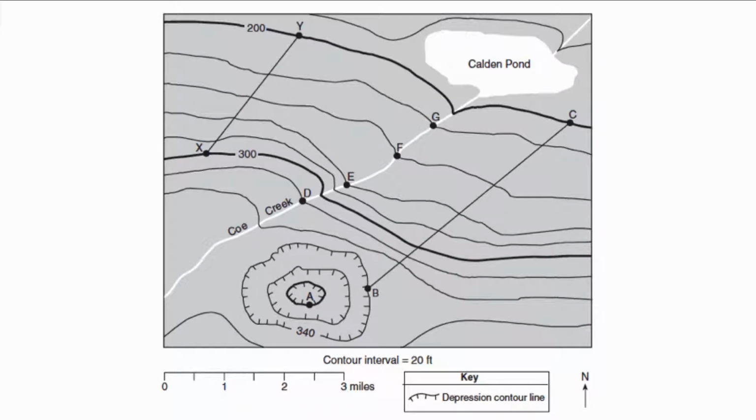I'm exaggerating them slightly, but I want you to see the pattern here. So Coke Creek, the white line on this map, flows across the map. We don't know if it's flowing in this direction or it's flowing in this direction.